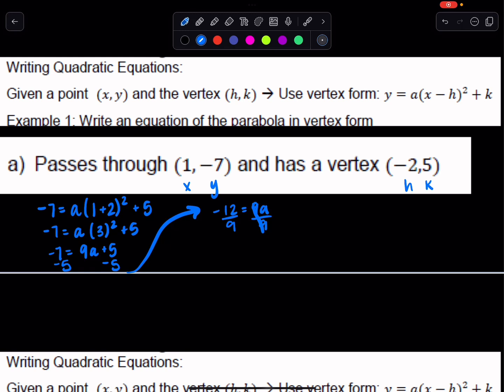So -12 divided by 9 is -4/3. And so to write the equation, we're going to plug in a and (h, k). We'll leave y and x. So y equals a is -4/3 times (x minus -2), so plus 2, squared, plus k is 5. And that's our equation.